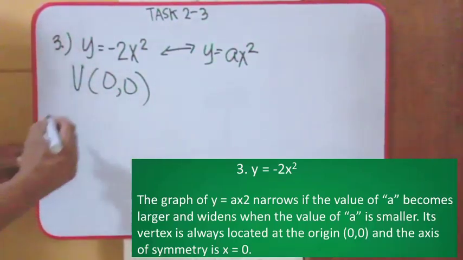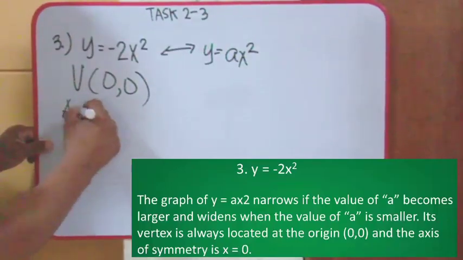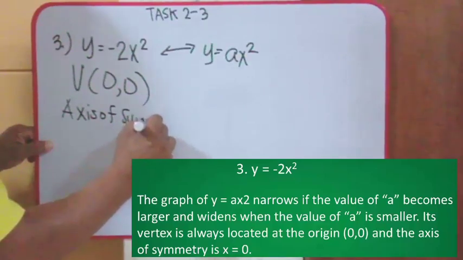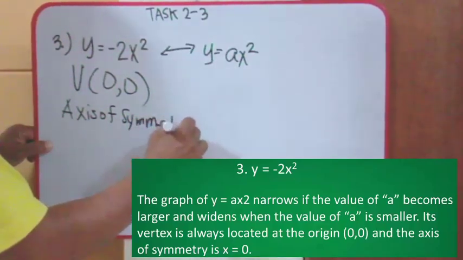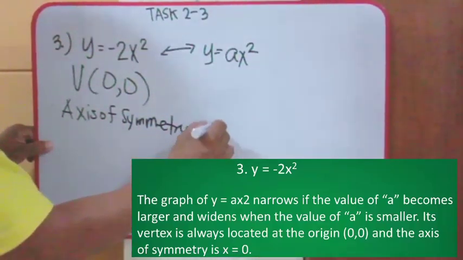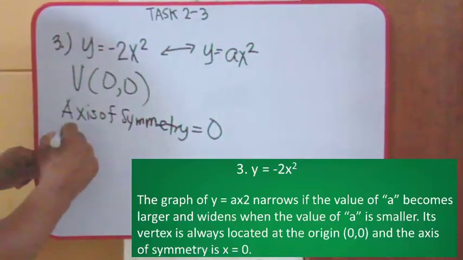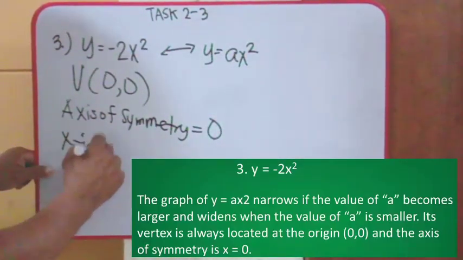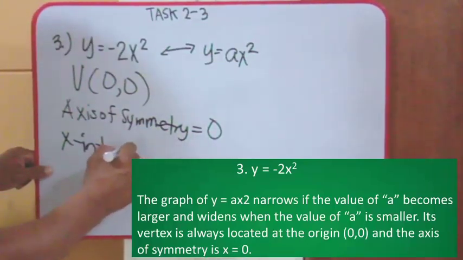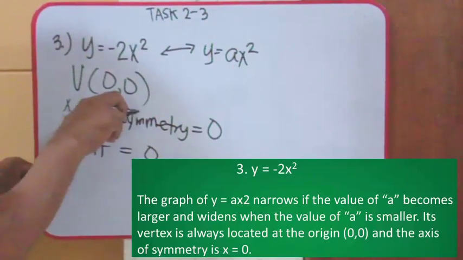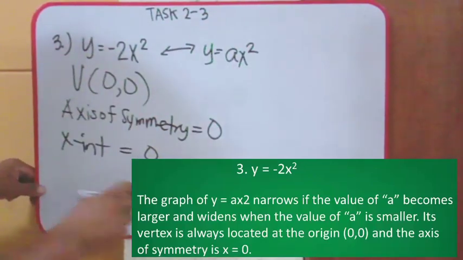The axis of symmetry where h equals 0, so the axis of symmetry is h. The x-intercept is 0 because based doon sa vertex natin na ang vertex natin ay 0, 0.